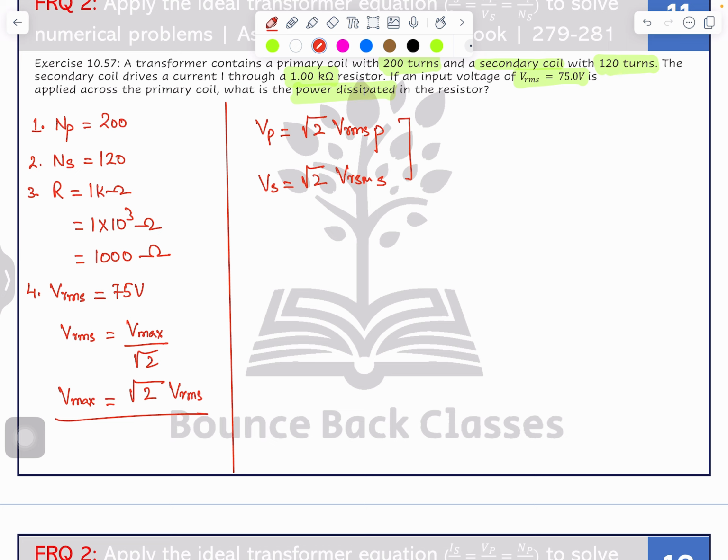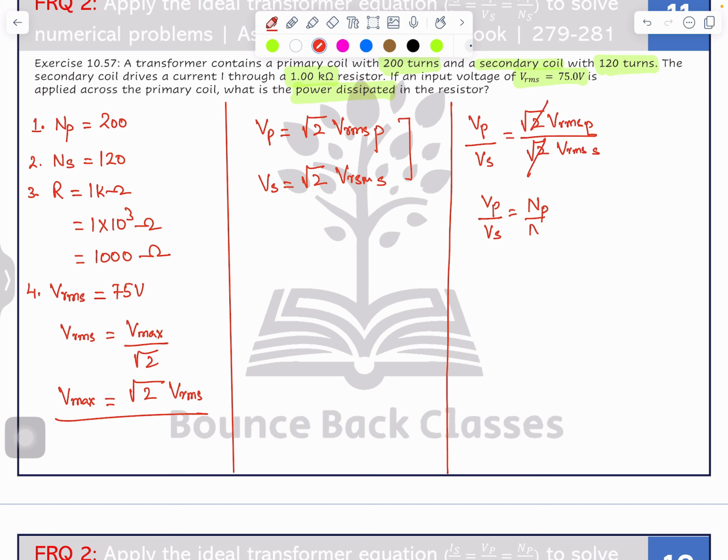Why is this factor cancelled out? Because if we solve Vp divided by Vs, which is equal to root 2 times VRMS of primary divided by root 2 times VRMS of secondary, root 2 and root 2 cancel. So if they are not asking you specifically for the root mean square value, we can directly use our formula like this, Vp over Vs equal to Np over Ns.